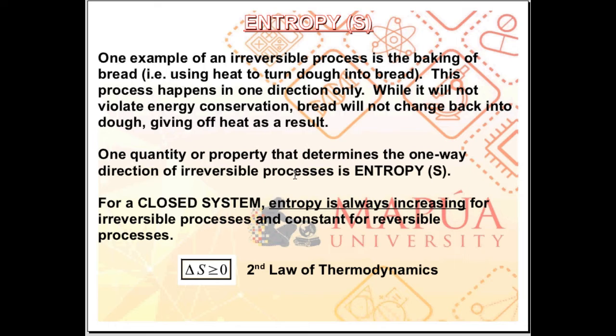Entropy will never be decreasing. It's either increasing or constant. Either the process is irreversible or the process is reversible. Reversible, delta S is 0. Increasing, irreversible process, delta S is greater than 0.